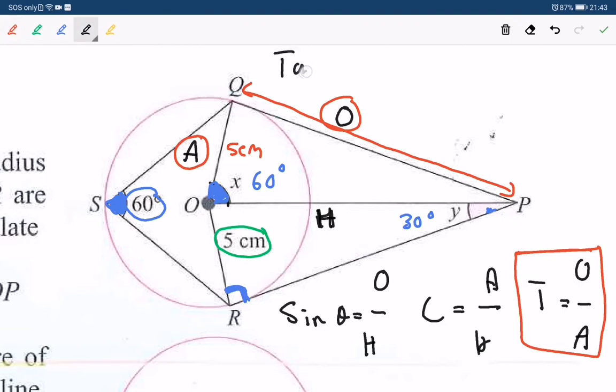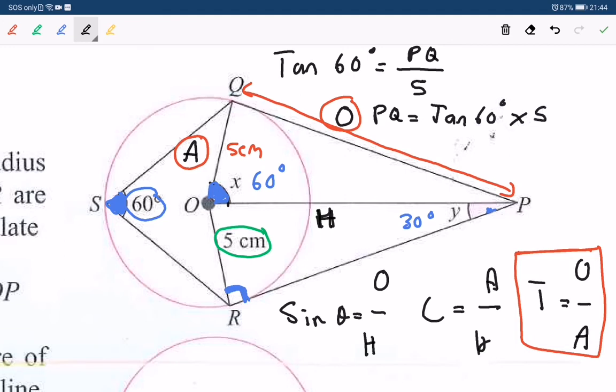So tangent 60, tangent equal to opposite. Where is the opposite? The opposite is our PQ over adjacent is 5 cm. So PQ equal to tangent 60 times 5, which is equal to 8.66 cm, which is the same answer if we use this one.